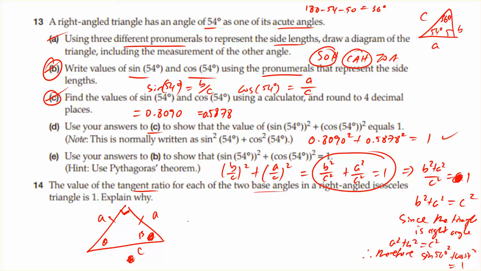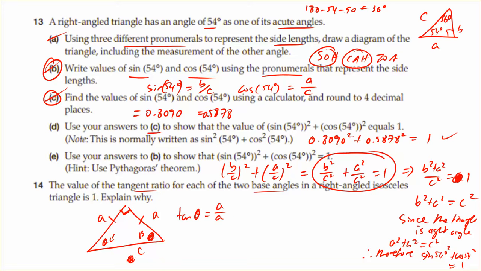Okay, so we know that the tan of theta, I'm just referring to this angle here, is opposite over adjacent. The opposite to the angle is A, and the adjacent side is also A, because it's an isosceles triangle.